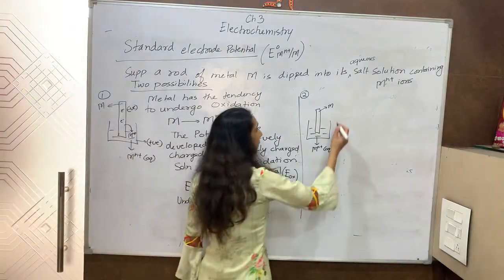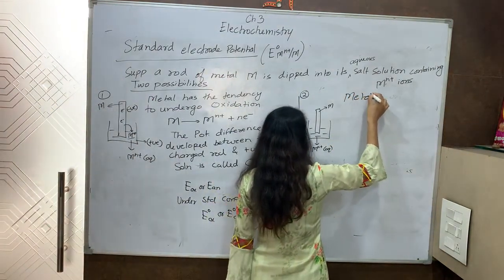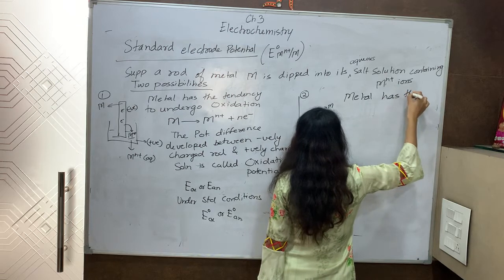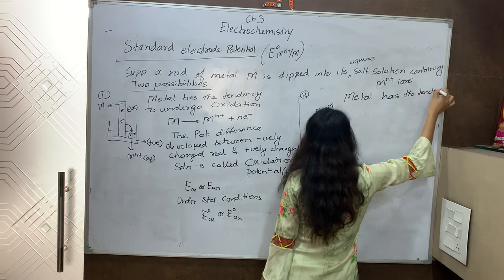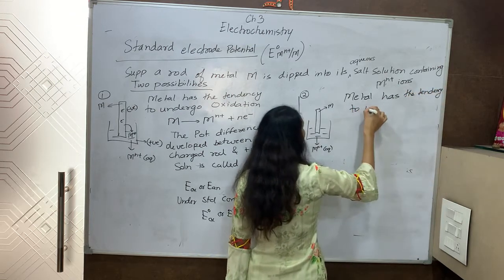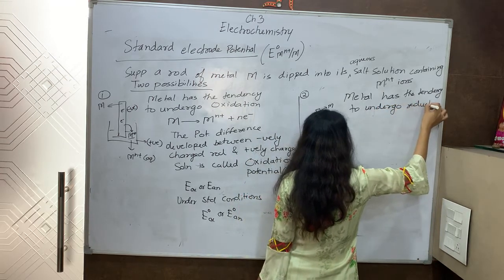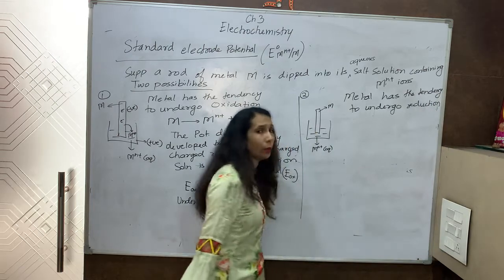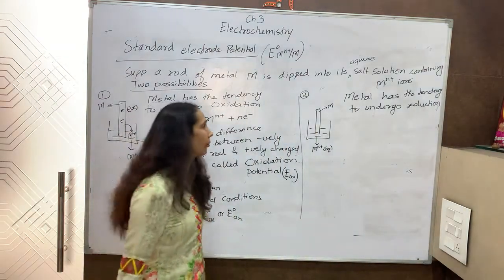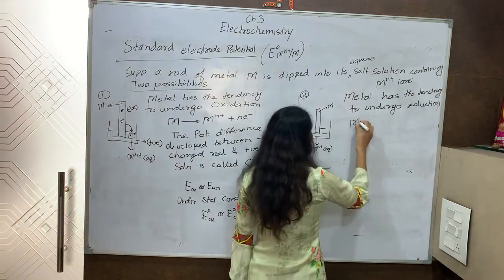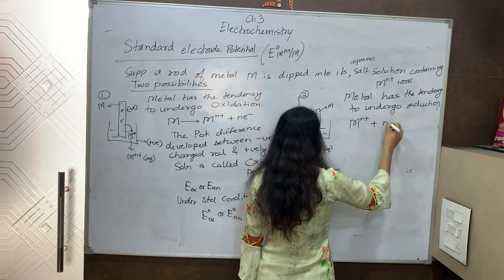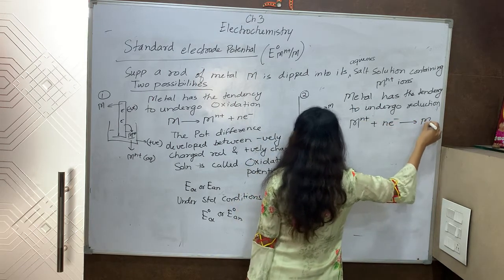Second is the metal may have the tendency to undergo reduction. Both the possibilities are there. Maybe oxidation or maybe reduction. So I can write, reduction means Mn+ will gain electrons and convert into M.